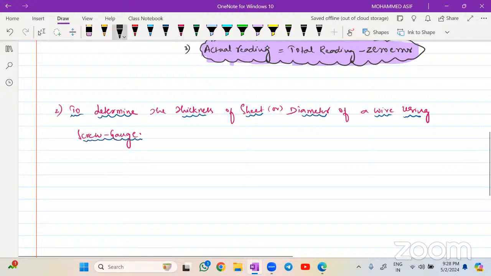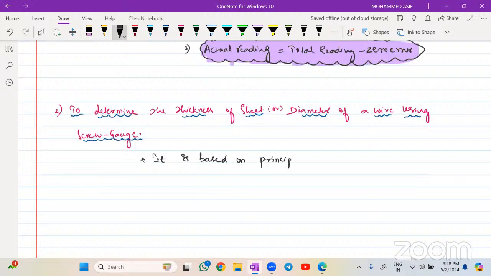That is based on what principle, beta? Can anyone tell me? It is based on the principle of micrometer. ये आजकल बहुत फेमसली पूछ रहा है बेटा. It is based on what principle? Based on the principle of micrometer screw. Okay, right.